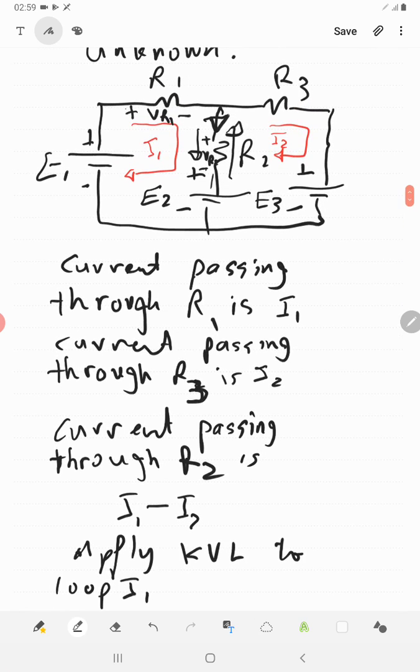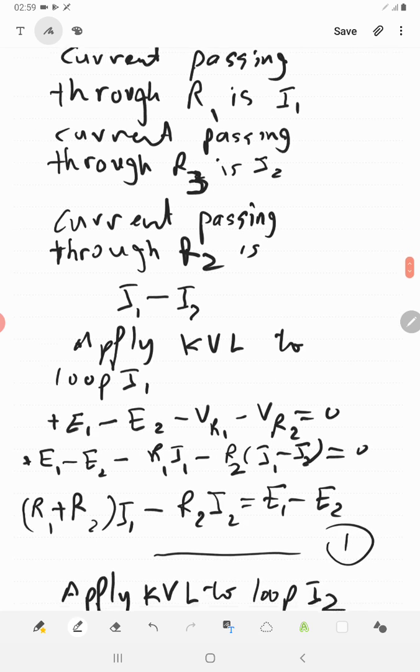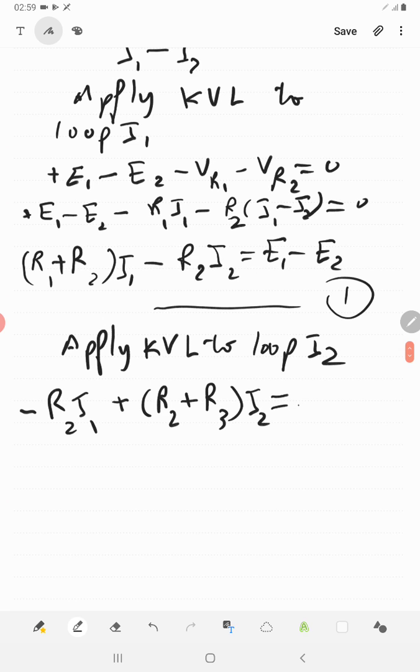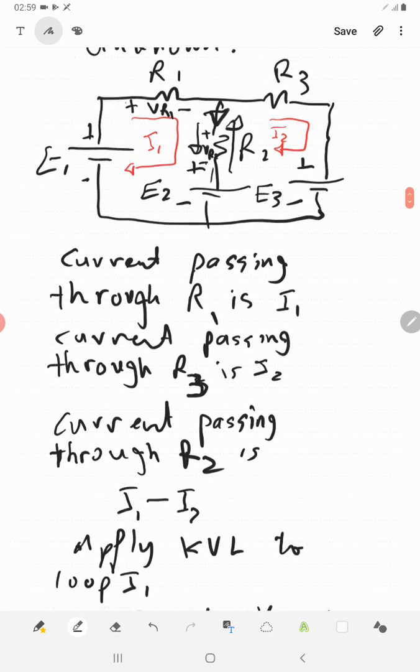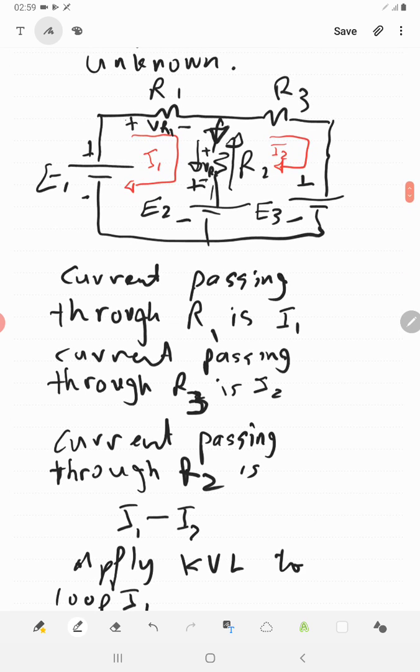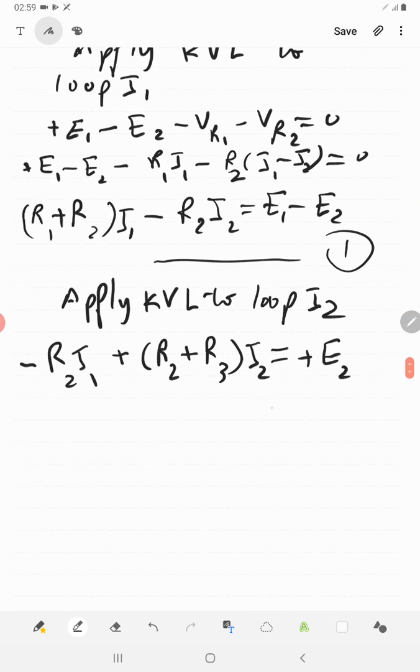E2 is in the same direction as loop I2, so plus E2. E3 is in the opposite direction, so minus E3. Okay, and this is equation 2.